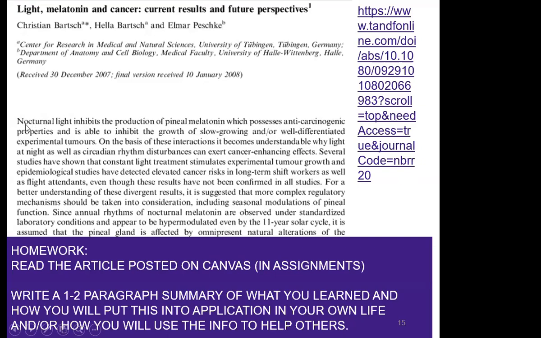But this talks about how nocturnal light will actually inhibit the production of pineal melatonin, which possesses anti-carcinogenic properties and is able to inhibit the growth of slow-growing tumors. So it becomes understandable why light at night, as well as circadian rhythm disturbances, can exert cancer-enhancing effects.